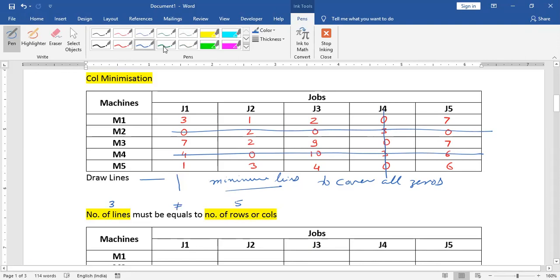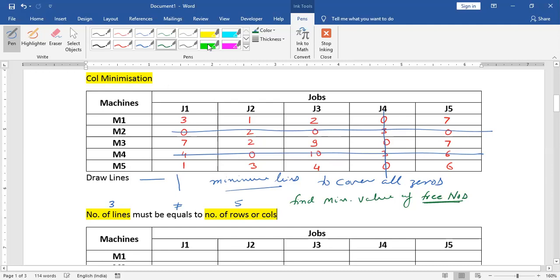This is the case. What will we do? Find the minimum value of free numbers. And free numbers are what? Those numbers which are not covered by a line.